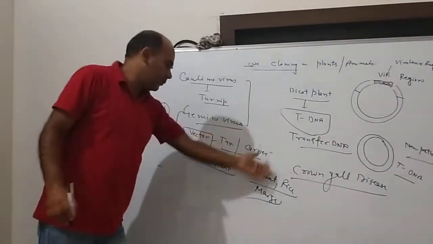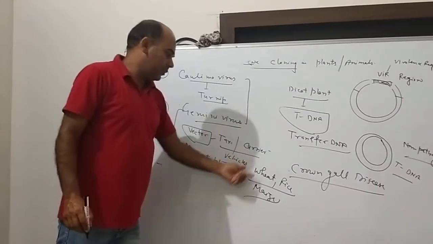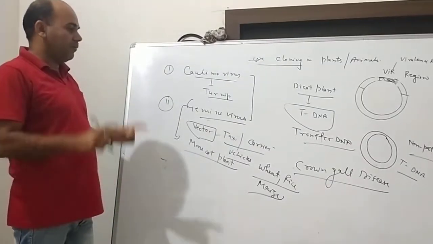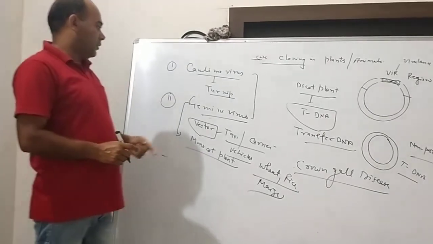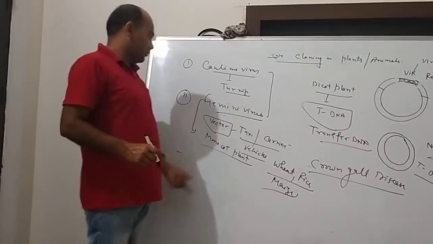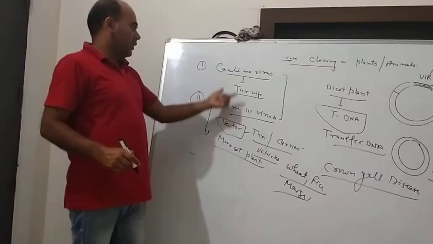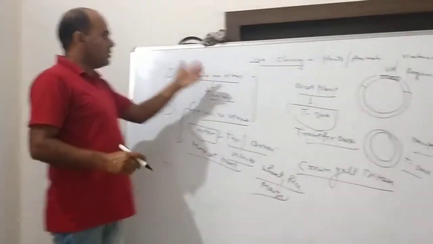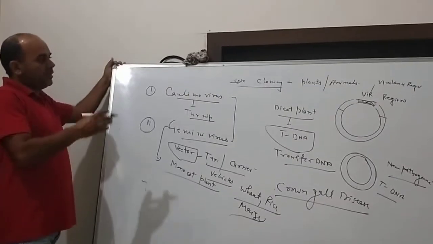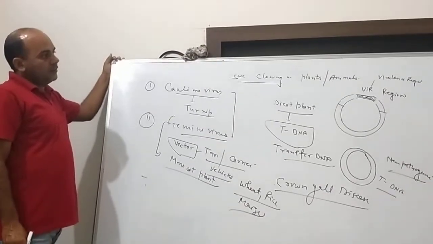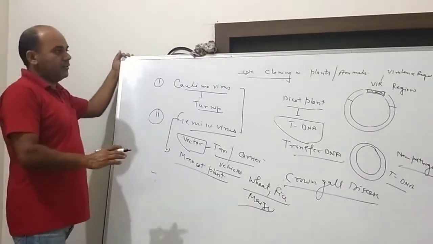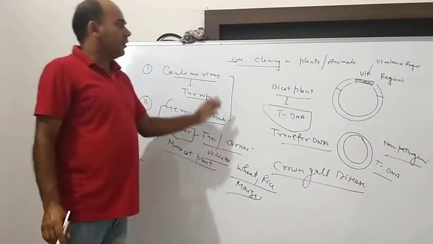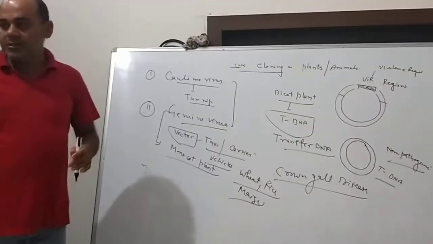These are examples of monocots. In wheat and maize generally, this vector is used to deliver a particular piece of DNA, and this virus is called Gemini virus, which behaves as a vector. The other virus can be used in turnip. So these are some examples used as vectors for gene cloning in plants. Besides these, we can use some viruses as vectors in animals.